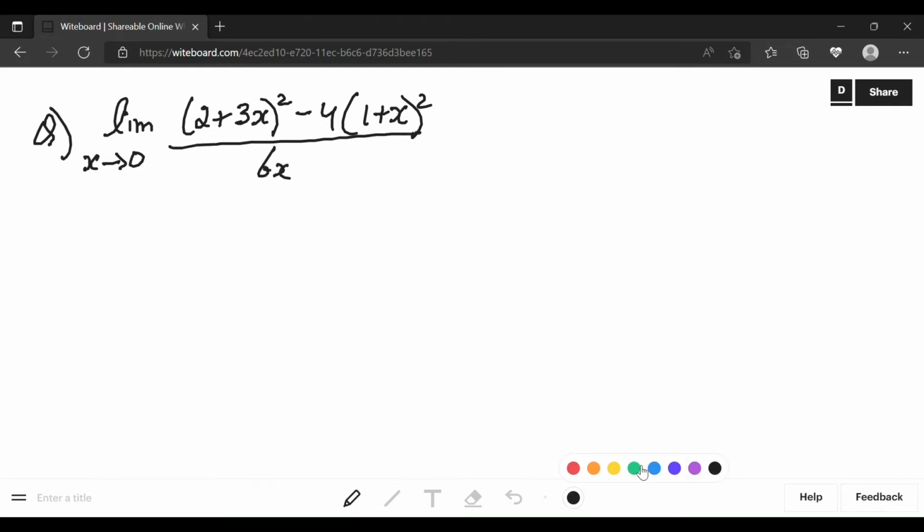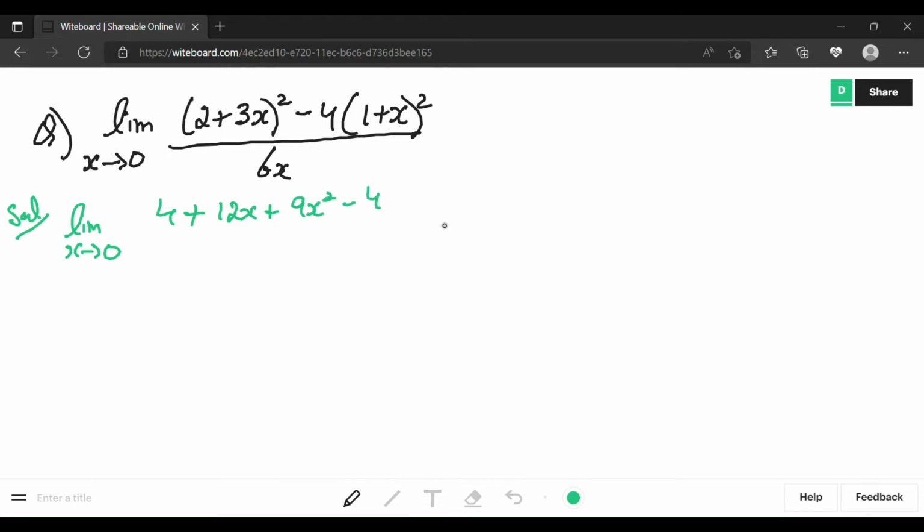First of all, we are going to expand the above. So limit x tends to 0, this will be a square, which is 4, plus twice ab, which is 12x, plus 9x square, and minus, in bracket, 1 plus 2x plus x square, whole upon 6x.